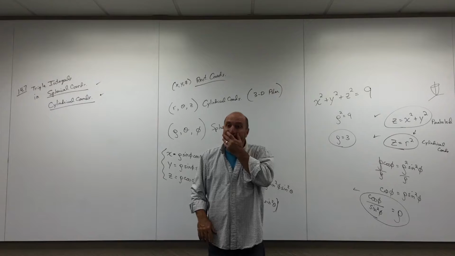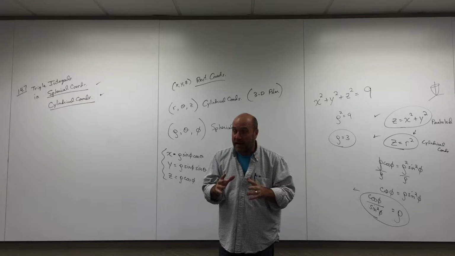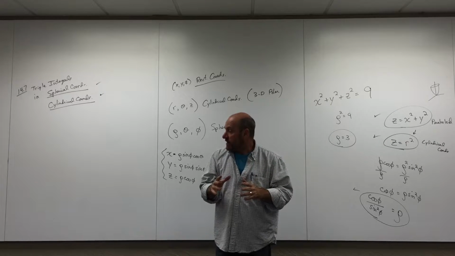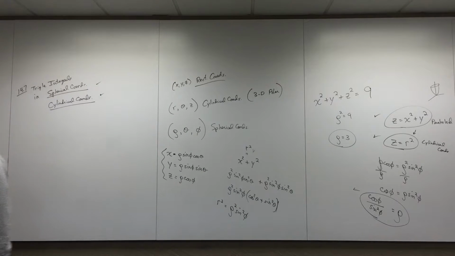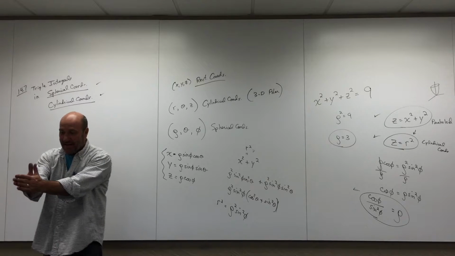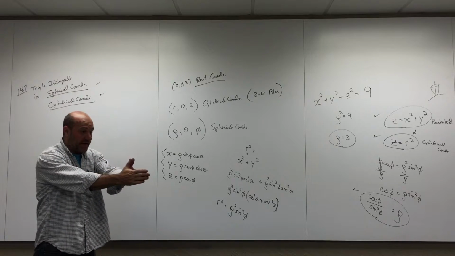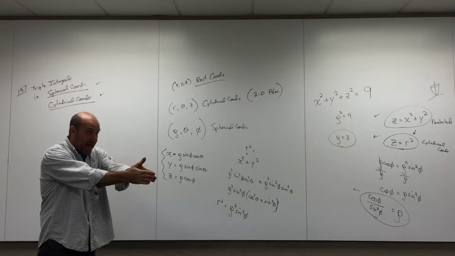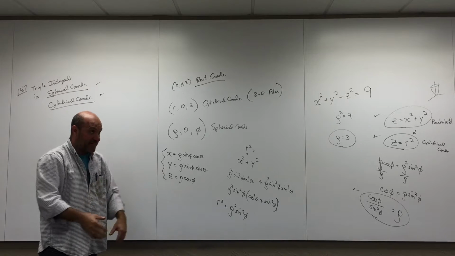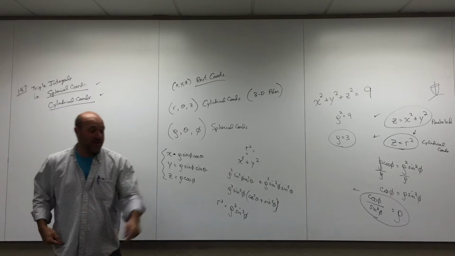Okay. In spherical, what do I got to do? Turn towards it, look up at it, and then walk to it. So I'm at the origin. When I'm at the origin, I rotate theta. That makes me look at it. I need the distance from the origin to that point.